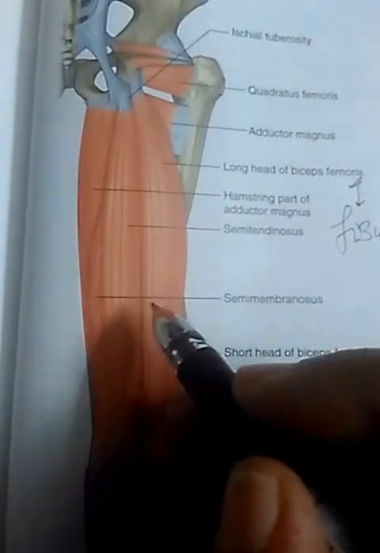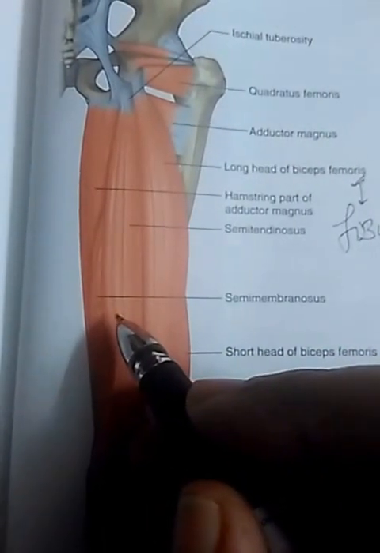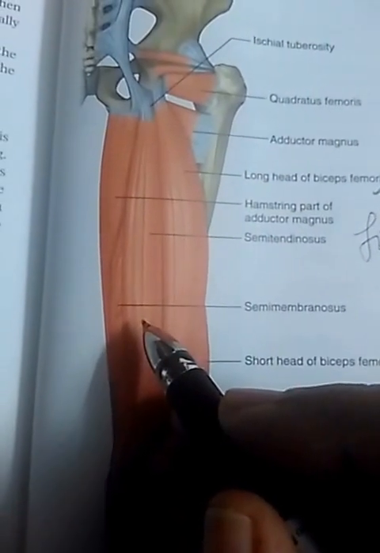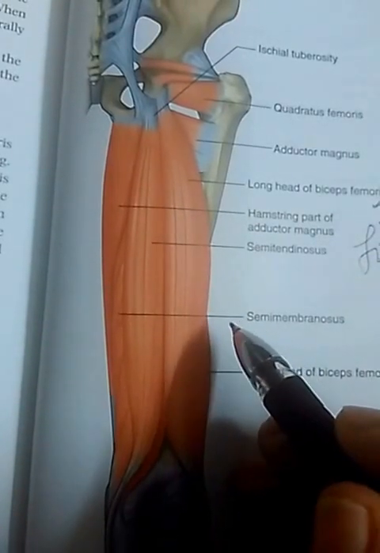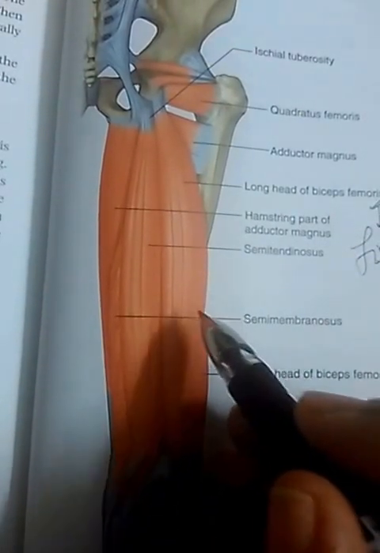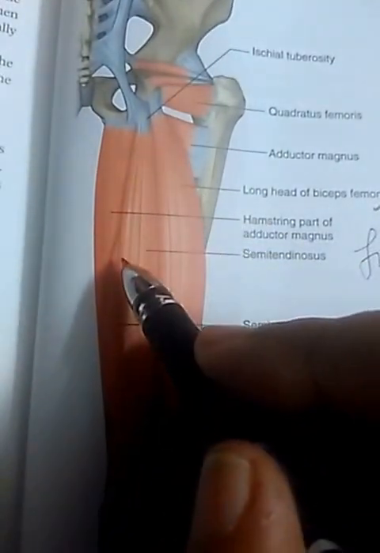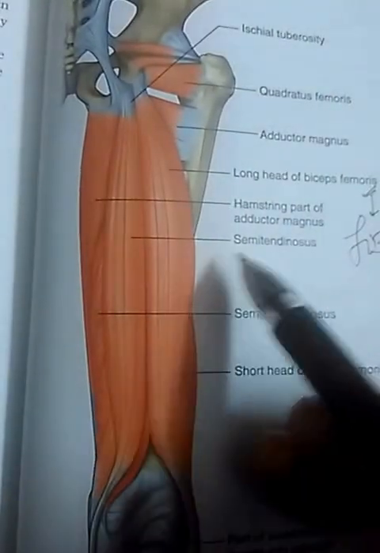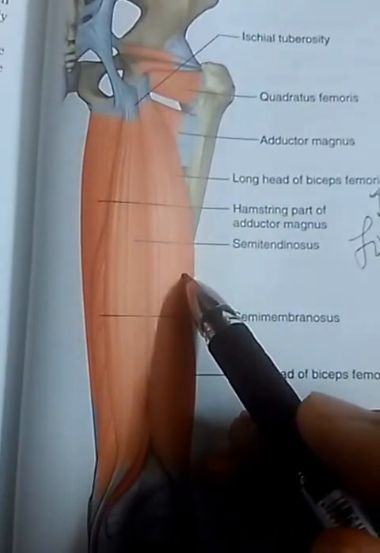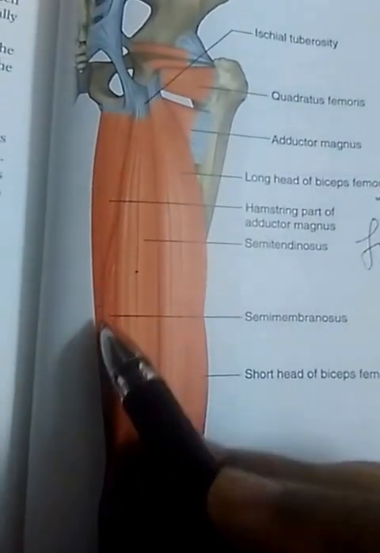When we see it from the posterior side, semimembranosus will be a little medial to that. Although semimembranosus originates from the superolateral impression, for your purpose you should know that this is the long head of biceps femoris, this is semitendinosus, and this is semimembranosus.